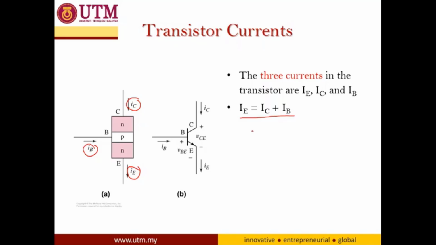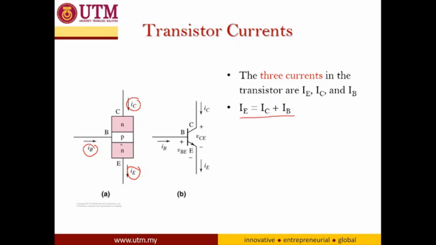Some of the electrons will contribute to the base current, and most of the electrons from the emitter will contribute to the collector current. So the total of collector current and base current is the emitted electrons at the source, which is the emitter. So IE equals IC plus IB.